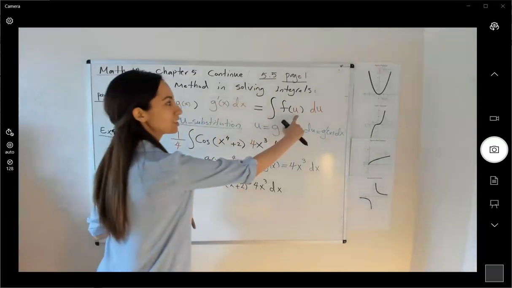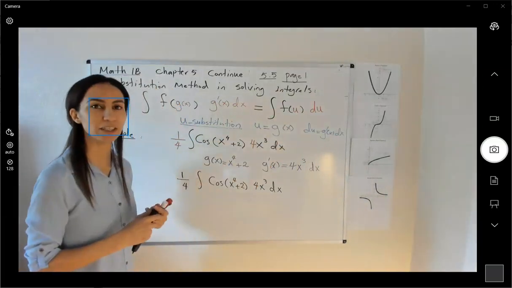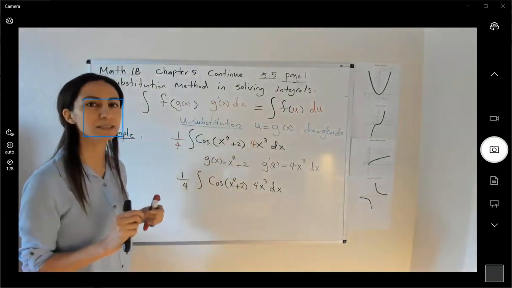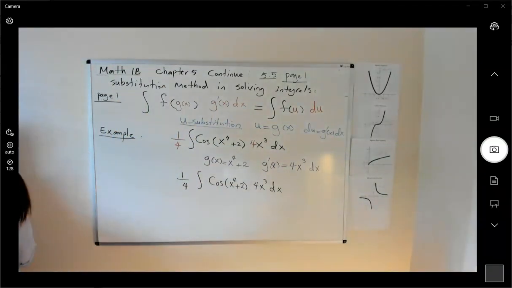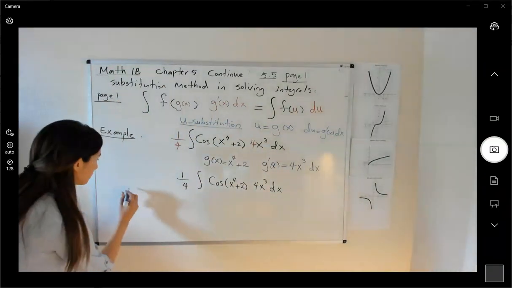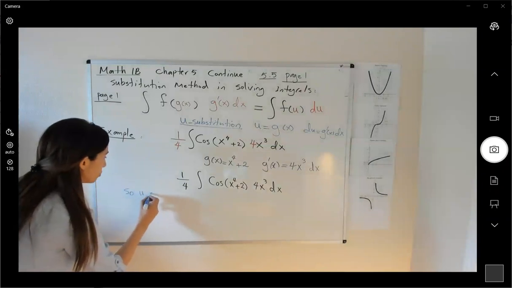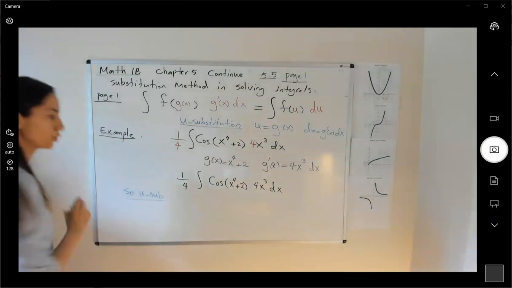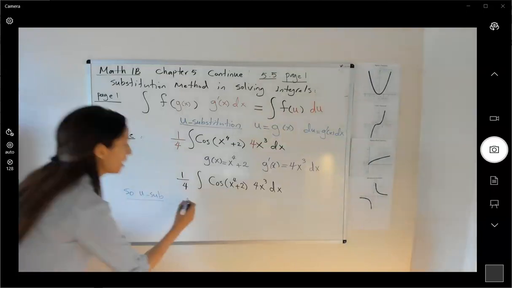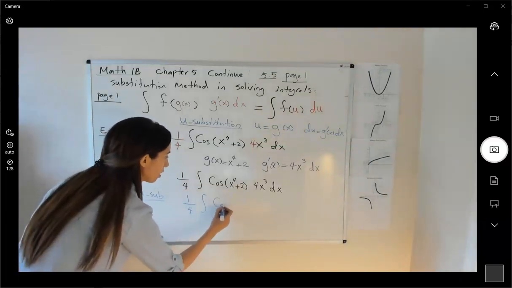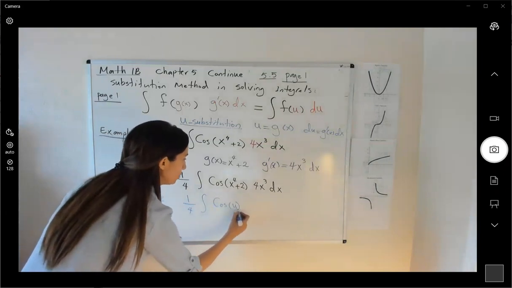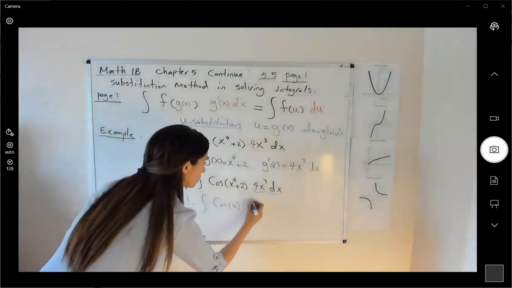I can use u sub, a new variable like u, to simplify this integral. Using the substitution method, this can be written as 1 over 4 integral cosine u, and this guy is du.